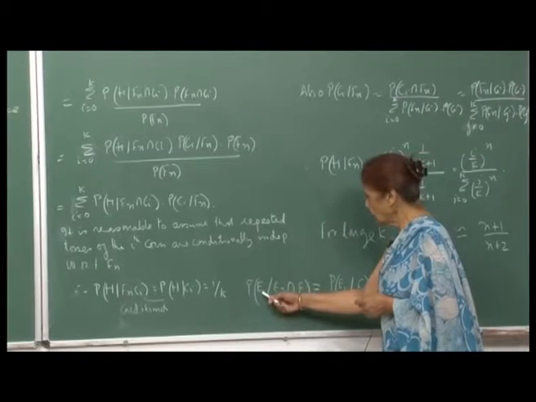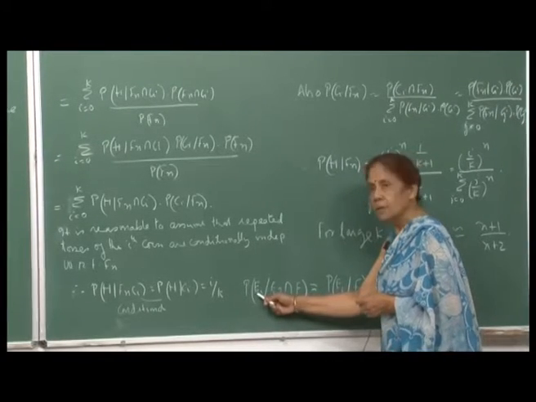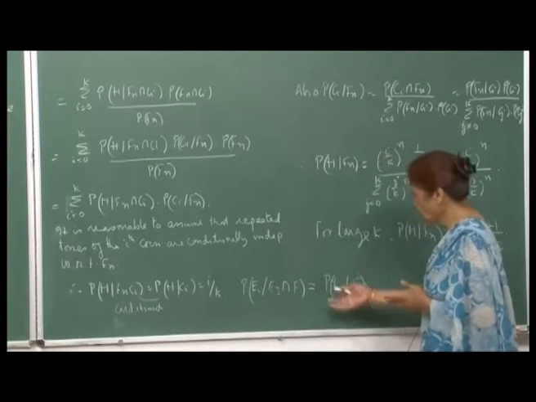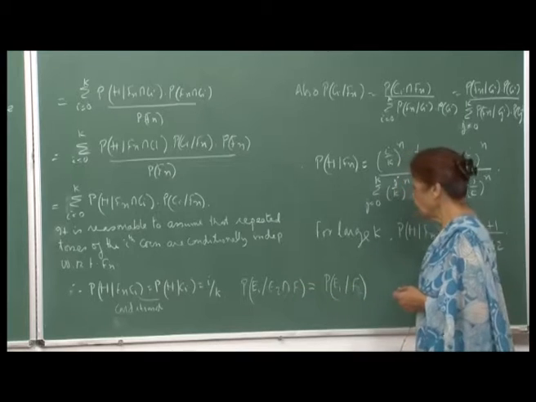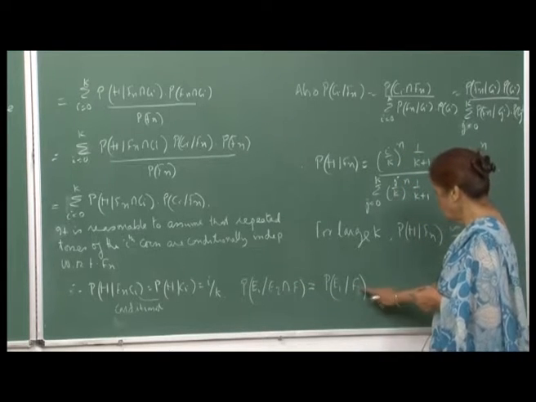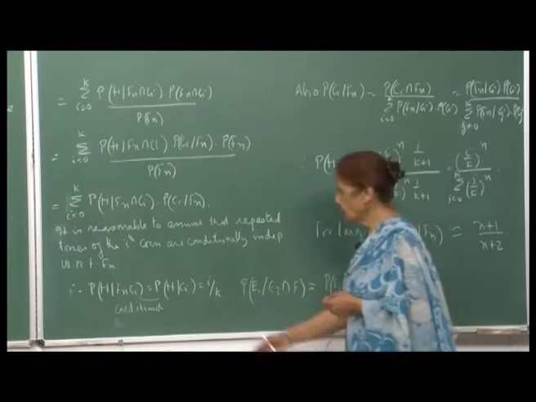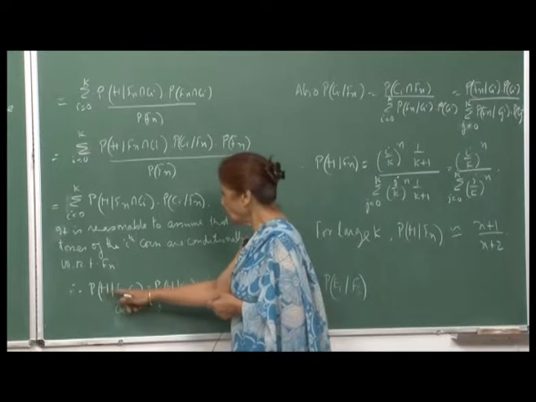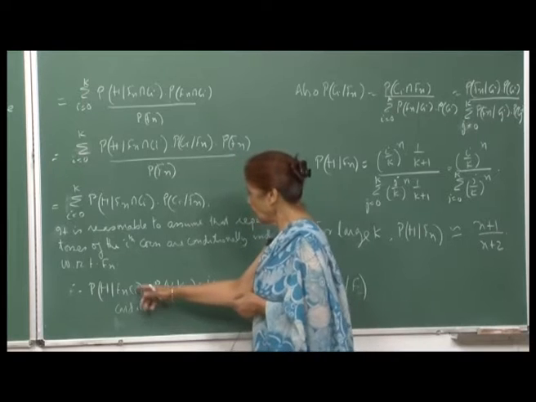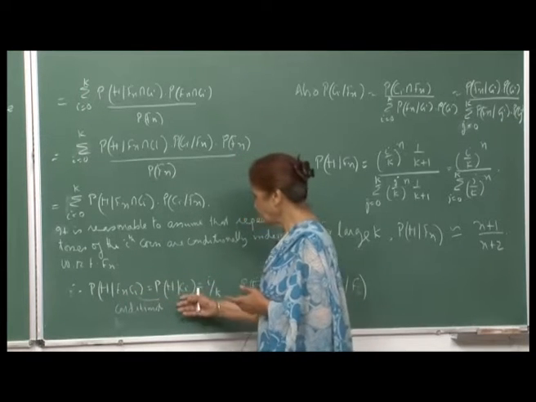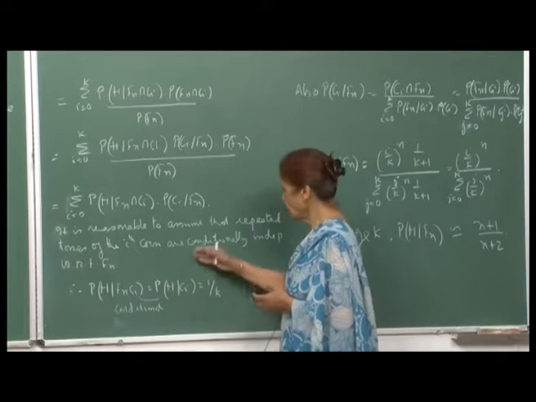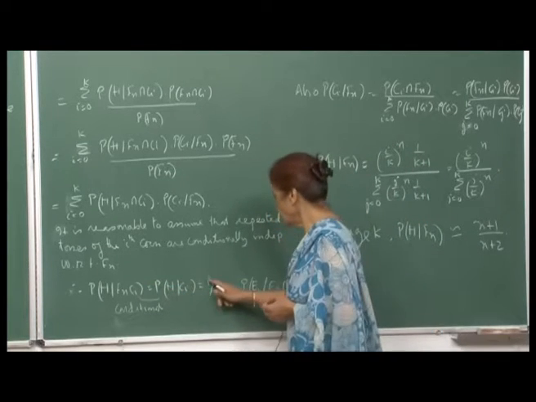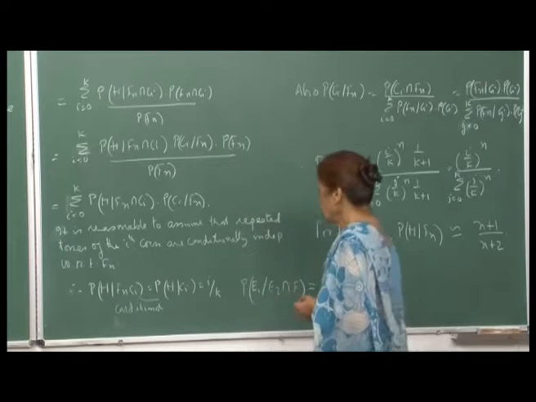So, E 2 has no role to play in the conditional happening of E 1 given f, and the probability would be independent of the event E 2. The same thing here: because it is conditional on f n, f n has no role to play, and so probability of h given C i is what we are assuming here, and therefore each of this probability is i by k, right.